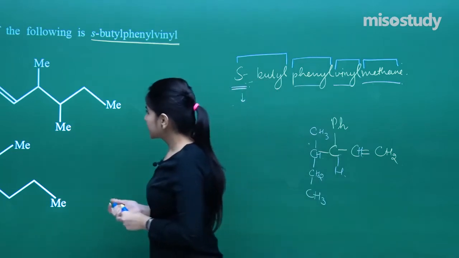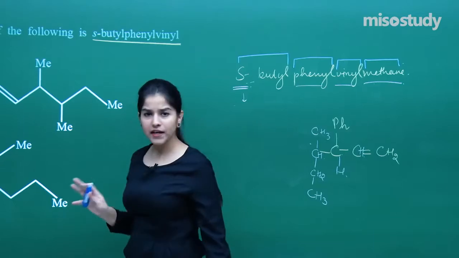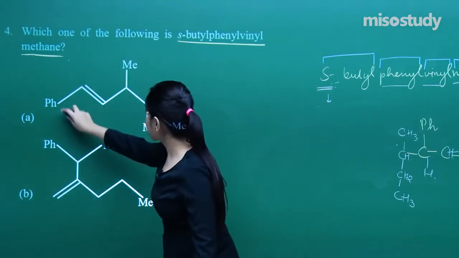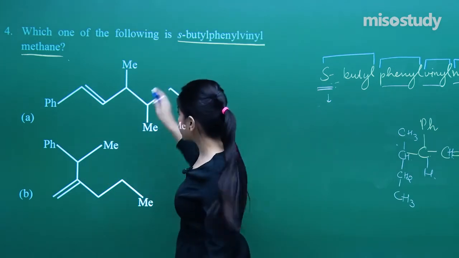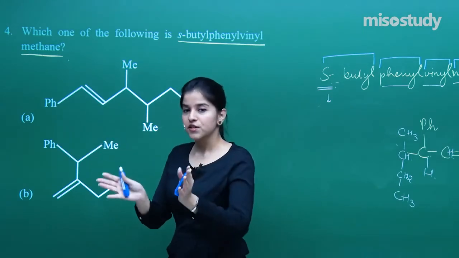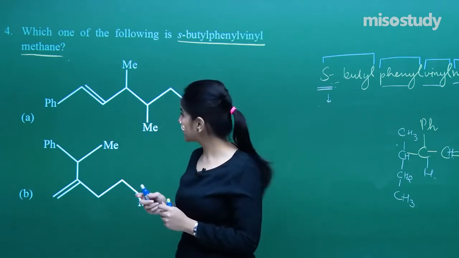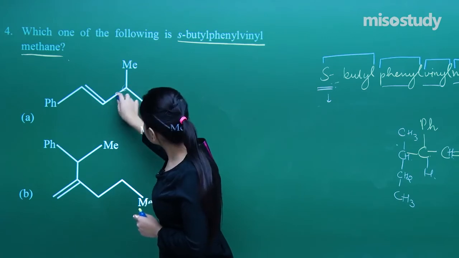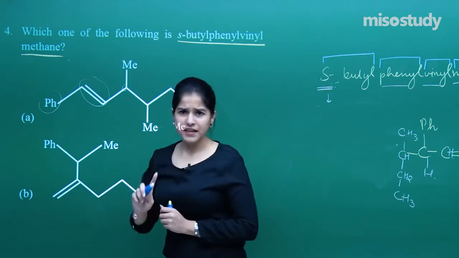Now we observe a bond line formula. A central carbon must be there attached with phenyl and vinyl separately, that means 2 valencies, one belonging to phenyl and one to vinyl. But over here this carbon is attached with this particular group and then phenyl. That is not our answer.